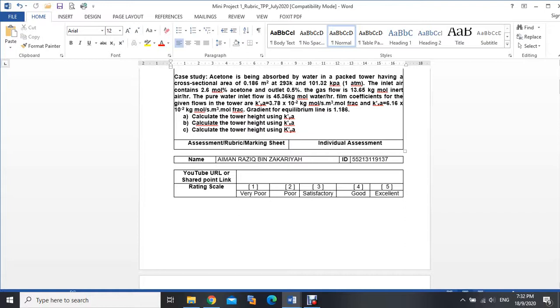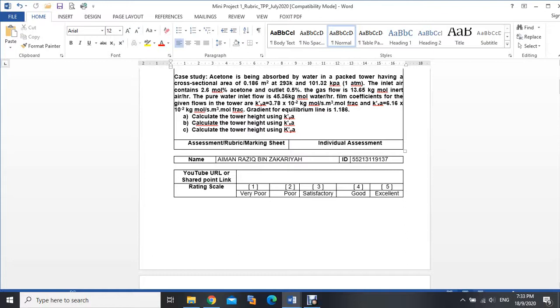The film coefficient for the given flows in the tower is 3.78 times 10 power negative 2 kg mole per s m³ mole fraction, and the single mass transfer coefficient for liquid is 6.16 times 10 power negative 2 kg mole per s m³ mole fraction.